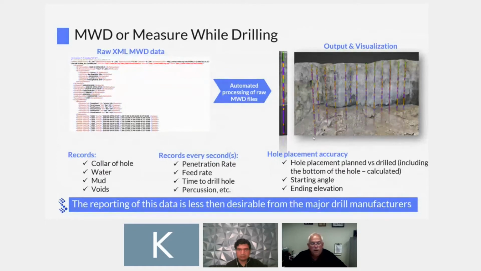Depending upon the manufacturer of the drill and what you want recorded, it records this on a per second basis, and it is really accurate. A driller can't pay attention that well all the time to what he's doing, as well as recording what's going on with the drill. So measure while drilling becomes very precise for what we're looking at.